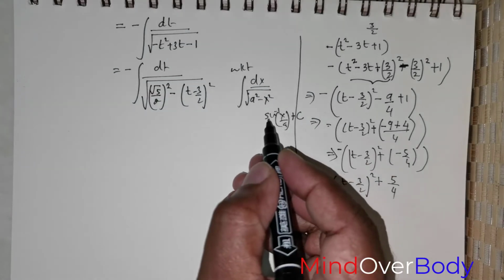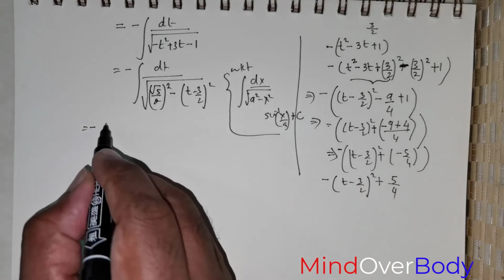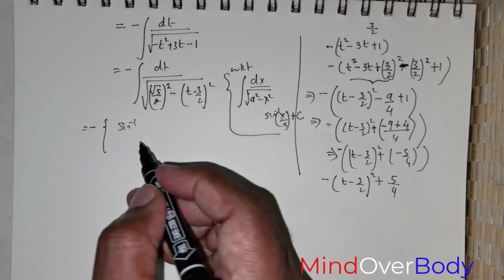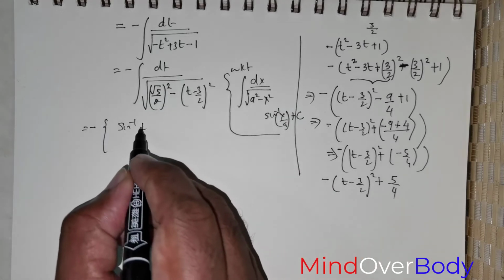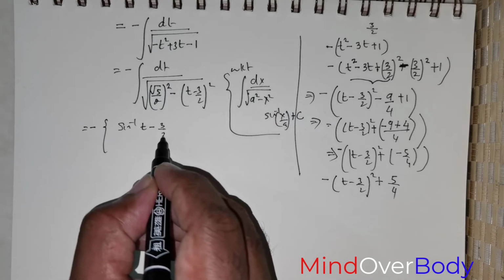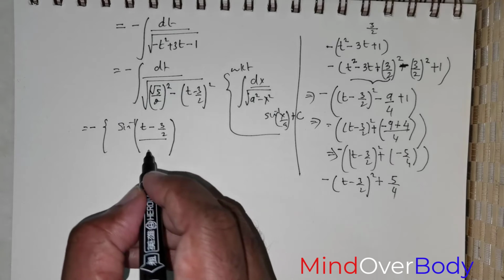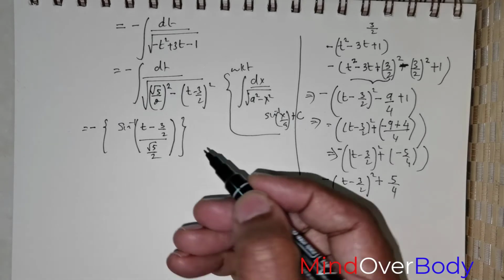If I were to use this formula, this can be rewritten as negative of sine inverse of my x, which is t − 3/2, divided by my a, which is root of 5 over 2, right?